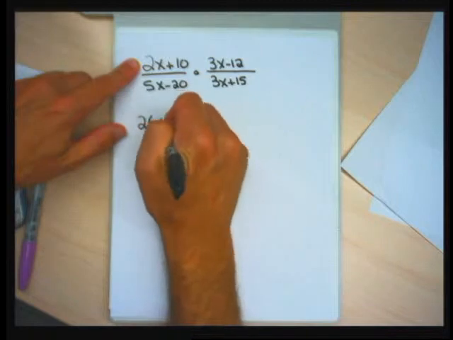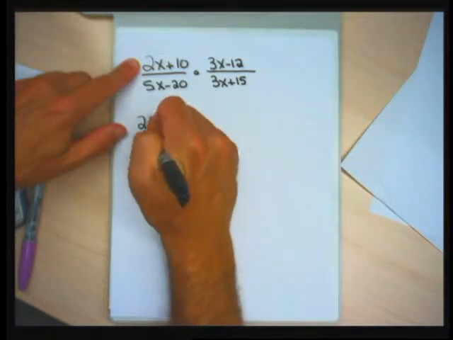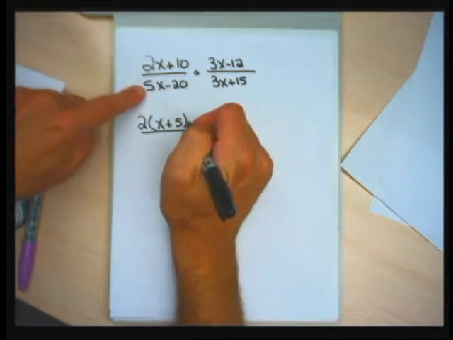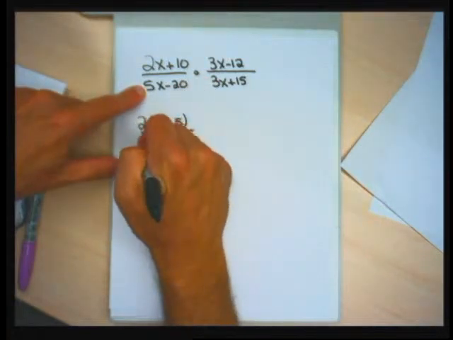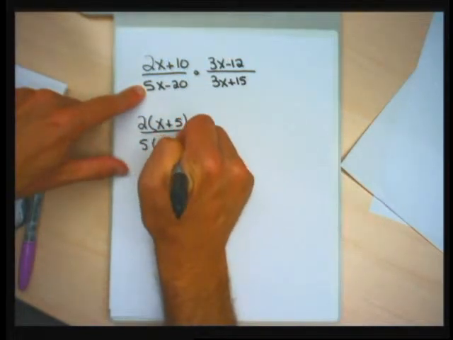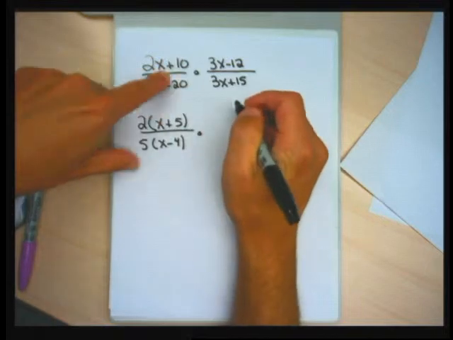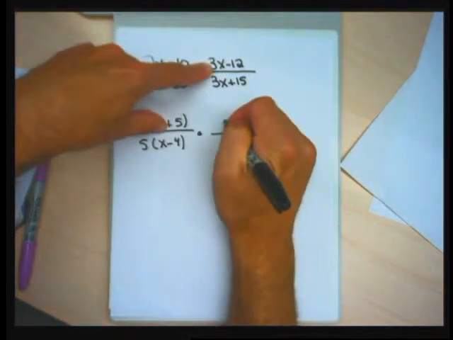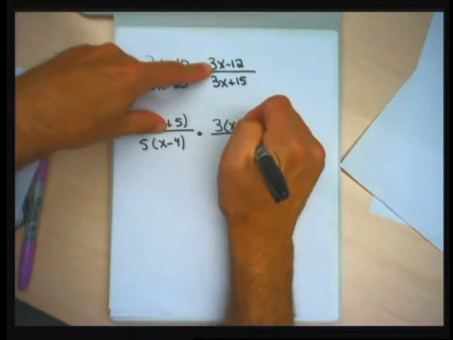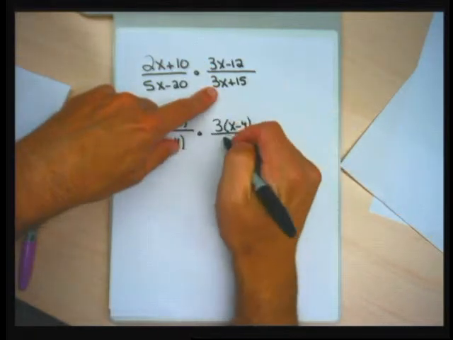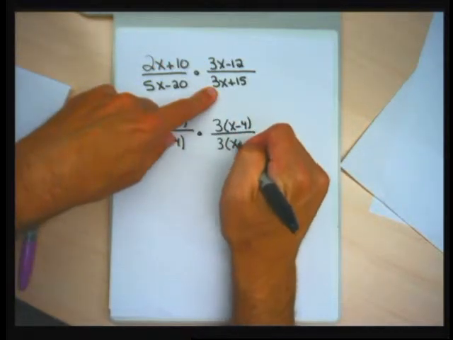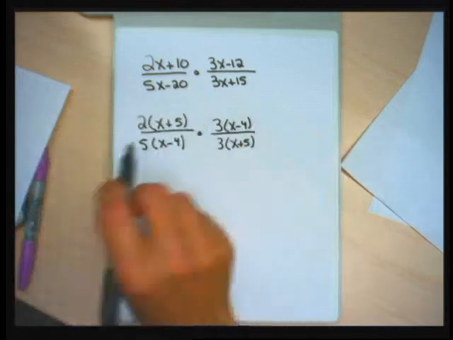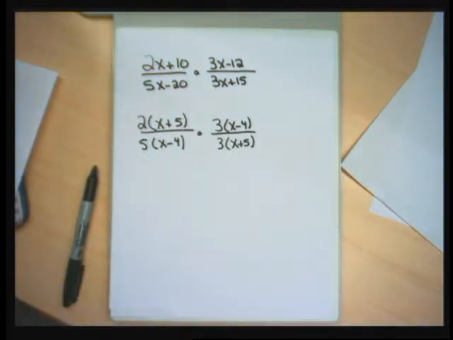When I factor out a 2, I'm left with an x plus 5. When I factor out a 5, I'm left with an x minus 4. When I factor out a 3, I'm left with an x minus 4. When I factor out a 3, I'm left with an x plus 5. So this is going to be a much simpler answer.